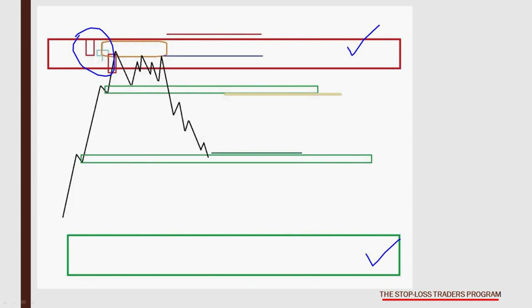Now, it may happen that it comes very close to it, but till the point this is not hit, you will not be out of the trade. Now, one thing is very clear, friends. If you are looking for small RR, let's say 1:1, 1.5:1, or 2:1, then this trailing stop loss order is of no use to you.